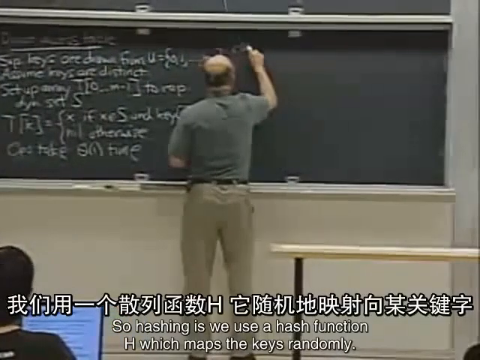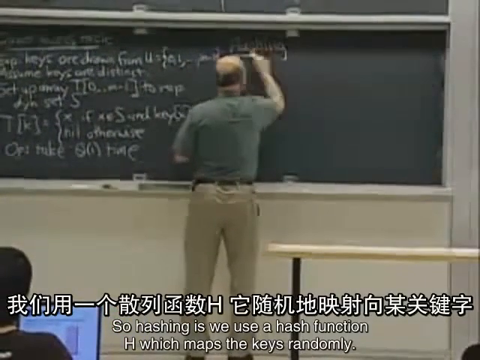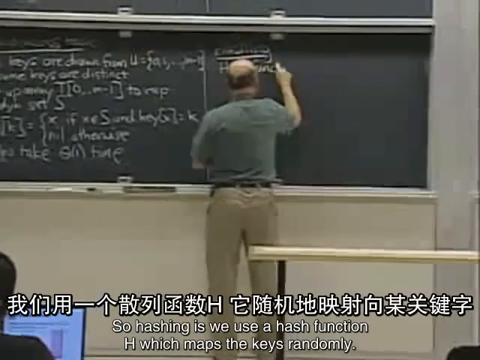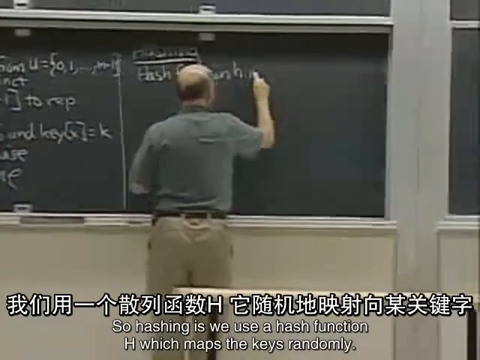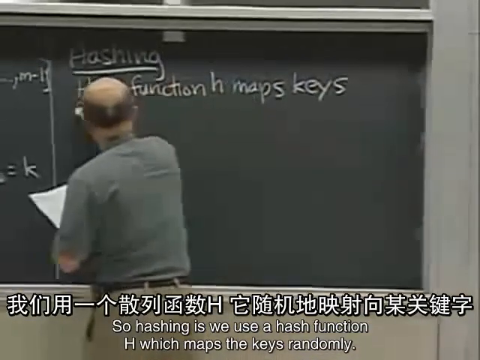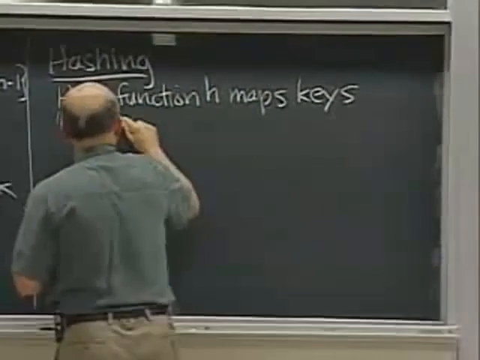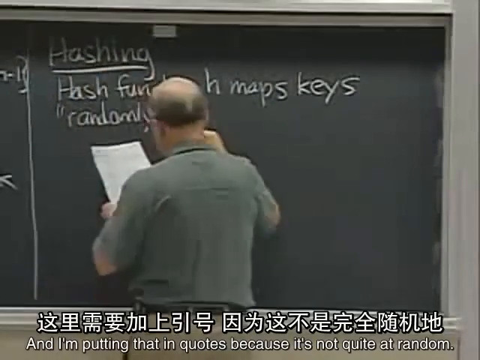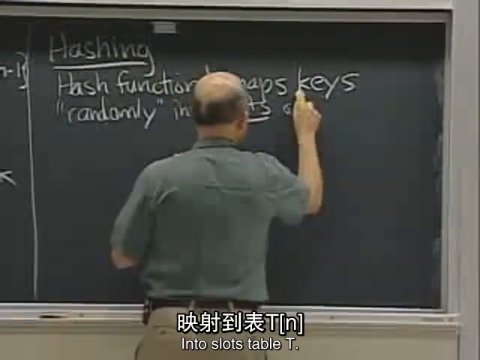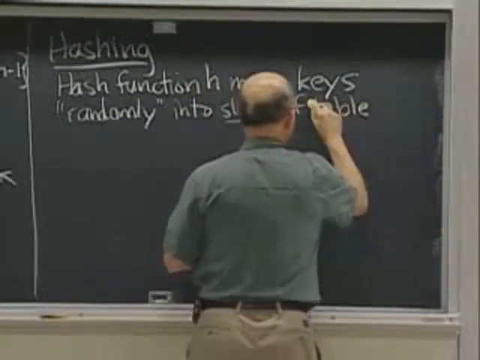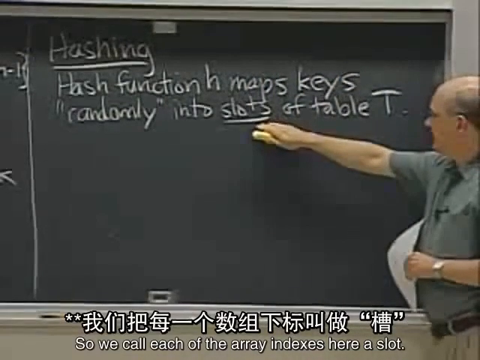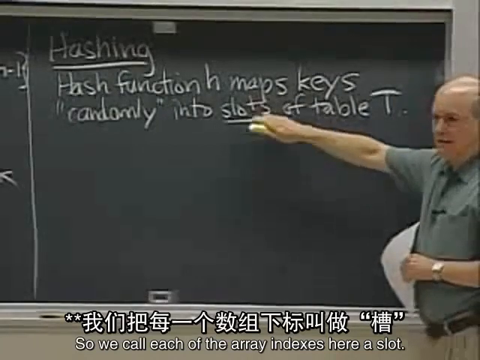So hashing is where we use a hash function, h, which maps the keys randomly, and I'm putting that in quotes because it's not quite at random, into slots of table T. We call each of the array indexes here a slot.